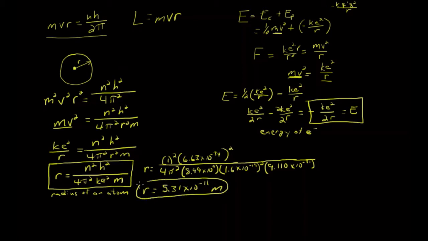That is the radius of a hydrogen atom with its electron in the ground state. And if you want to find out how much it expands, you just keep putting in the different quantum numbers here, okay? So that is the radius.